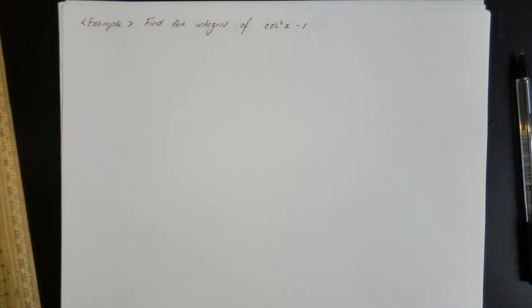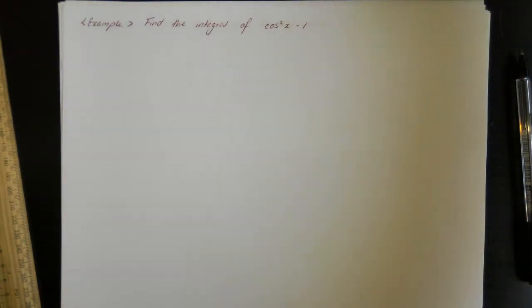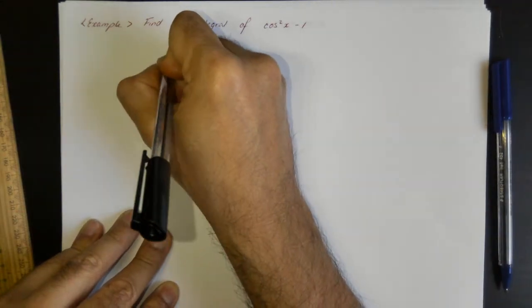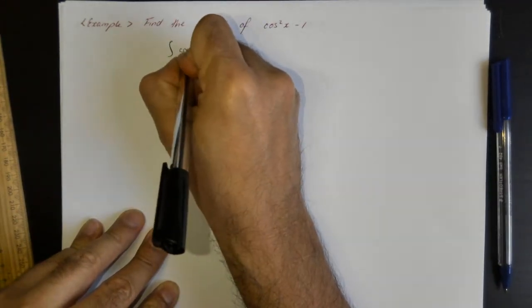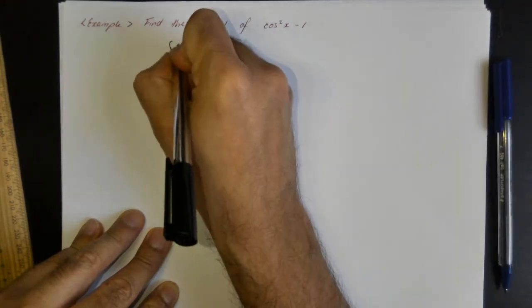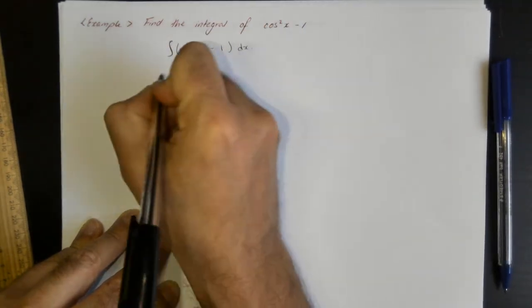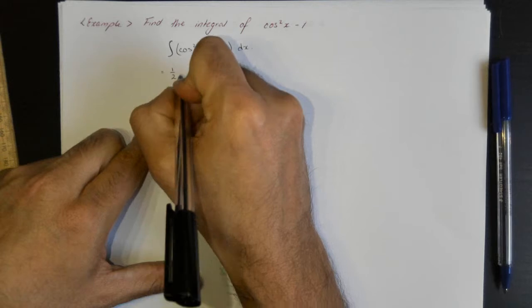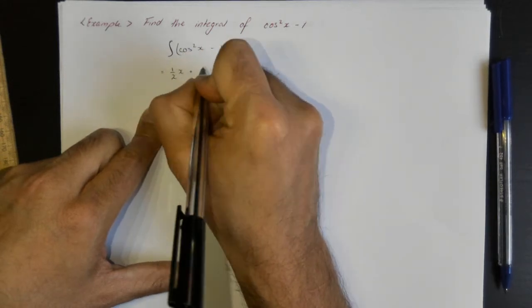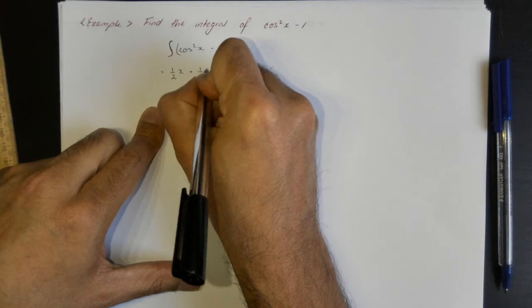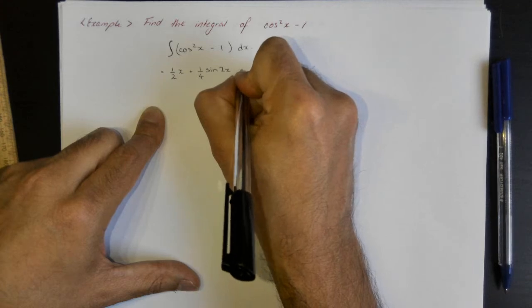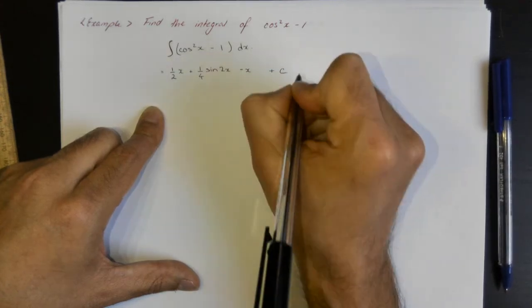Okay. So we want to integrate cos squared x minus 1. We know that the integral of cos squared x is a half of x plus a quarter of sine 2x. Now the integral of negative 1 is just minus x plus the constant.